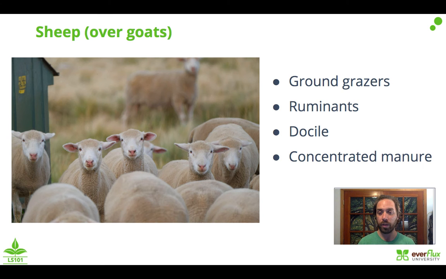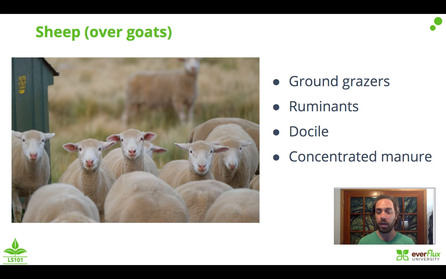Now, having ruminants is somewhat important because if you're just going to allow them to poop right on your garden or right on your field and just leave it there, their manure has been digested so much that it's typically going to be not as hot as some other manure, although sheep manure is a little hotter than, say, manure from a larger animal like a cow.